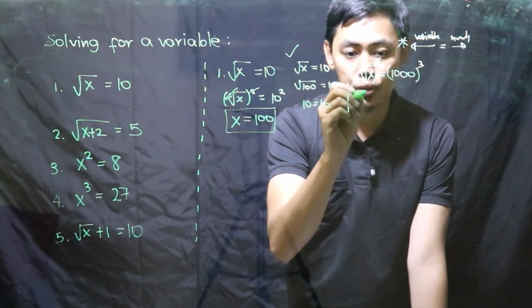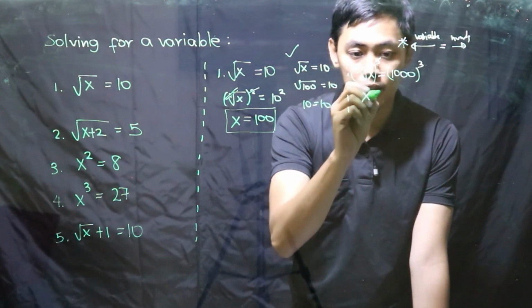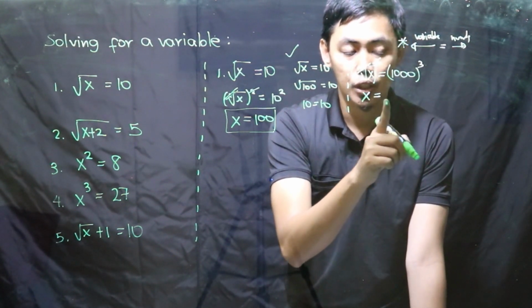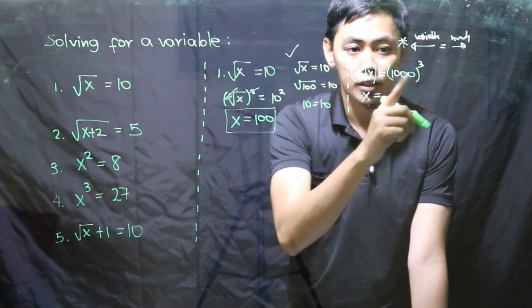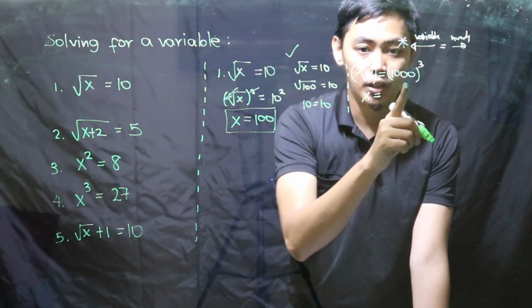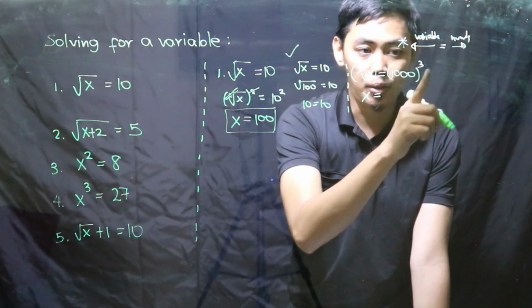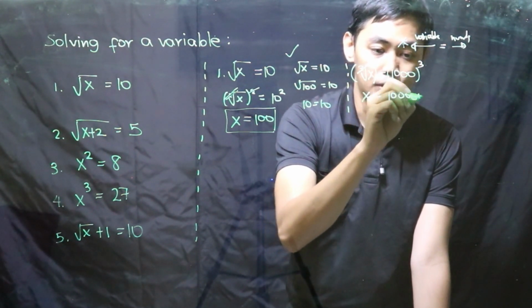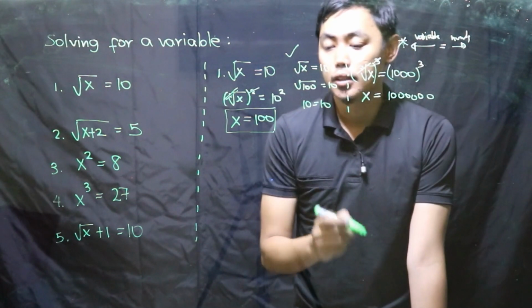And the goal here is to just leave x as x, and all the rest of the numbers or the operations should be on the right side. So 1000 to the power of 3, you have 1, 2, 3. You have this.